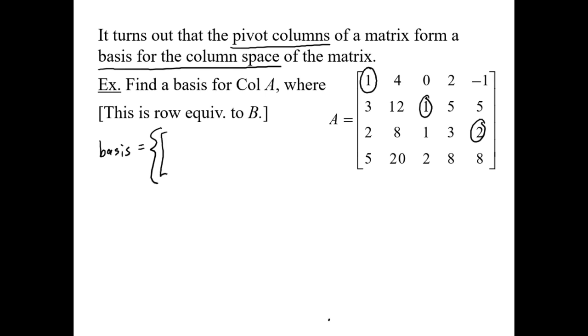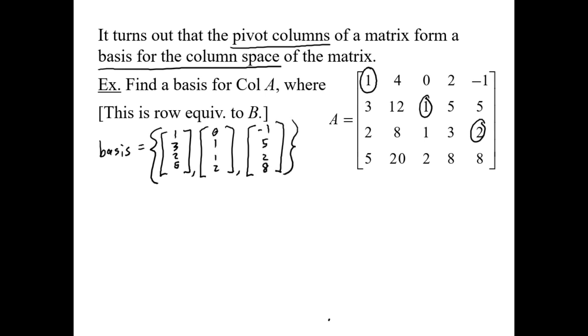That would be the first column, 1, 3, 2, 5. The third column, which is 0, 1, 1, 2. And then the fifth column, which was negative 1, 5, 2, 8. The other two columns were the free variables, and so we don't need those. Those two columns would be linear combinations of the three I've already identified.